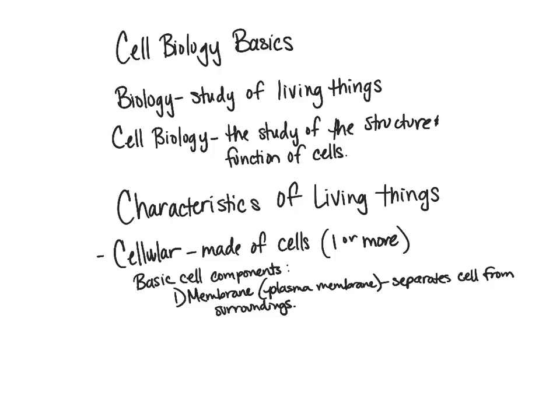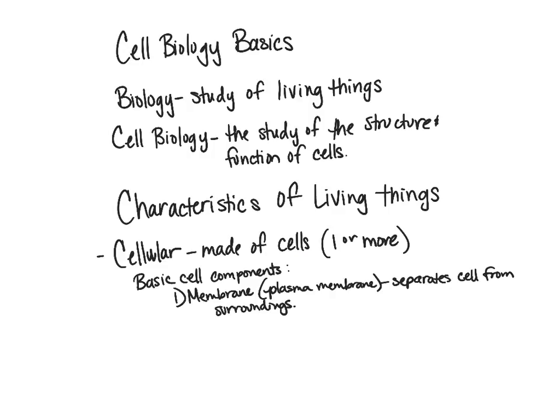When we take a look at the plasma membrane in closer detail, we'll see that some things are allowed to get into the cell, some things are allowed to leave the cell, and some things are not allowed to get in or not allowed to leave. So this plasma membrane is the barrier between that living thing, that cell, and the exterior. And when we're talking about bacteria, we're talking about the whole organism being in that one cell and its interaction with the exterior.